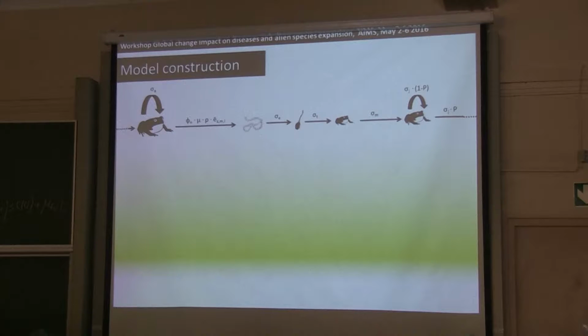I don't want to spend too much time on defining all these parameters, but there are just a few of them that are very important to understand the population dynamics of this invasive population.